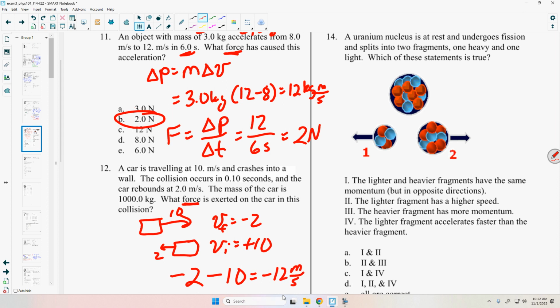Or you could say positive 2 minus negative 10 would be equal to 12. Either way, I don't give you the directions left or right, but the end result is that the magnitude of your change in velocity is going to be the sum of those two numbers. Notice that that's different from what I did in 11, because in number 11 it wasn't a rebound. It just slowed down. It accelerated.